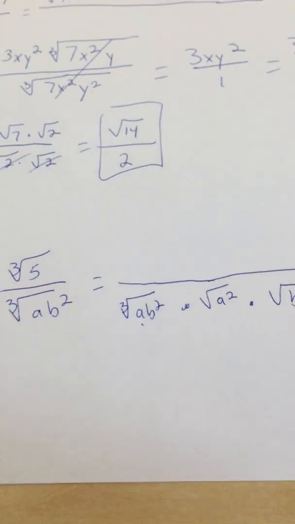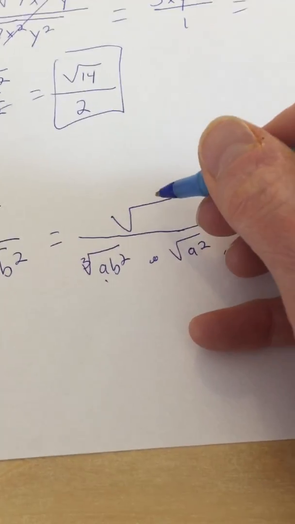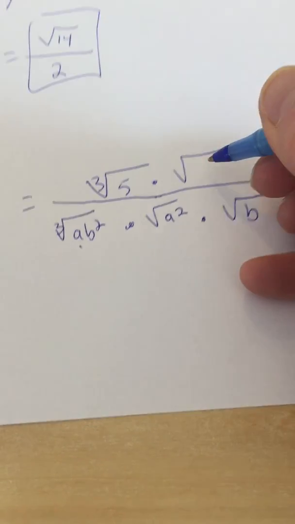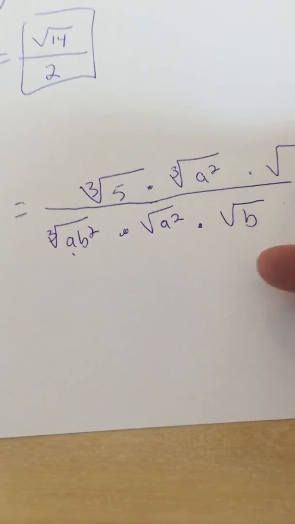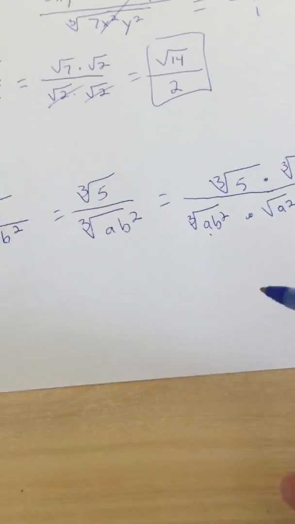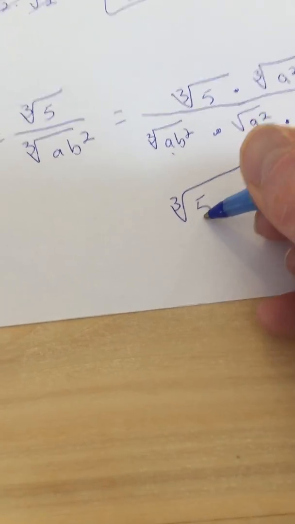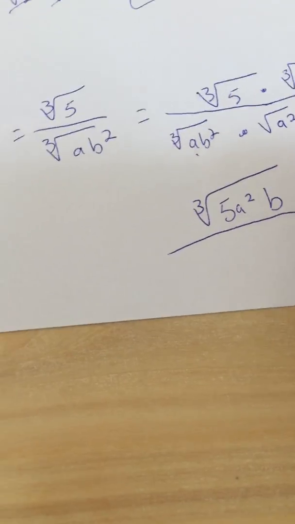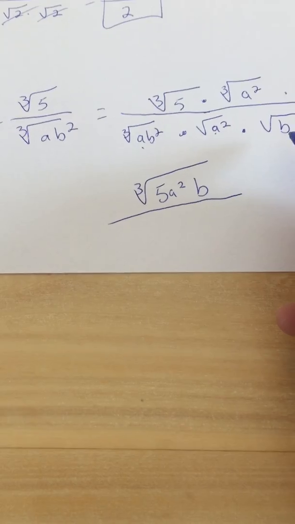And same thing, whatever I do to the bottom, I need to do to the top. So I'm going to have this cube root up top of 5, and I'm going to multiply it by a to the 2nd, and I'm going to multiply it by b. And then what I'm going to get up top is the cube root of 5a squared b, but on the bottom, these guys all became a to the 3rd and b to the 3rd.